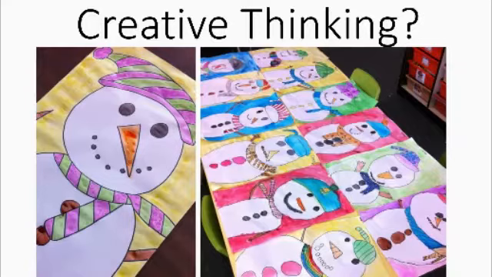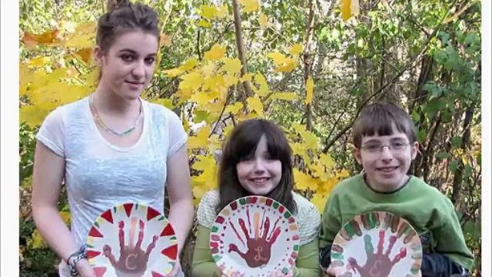So if you think of creative thinking on a continuum, this is not really very high, right? And this isn't high at all. We all did the same exact turkey on a plate, and we put our initial on it. It's not that there's not a place for this, but I'm here to tell you that if we're doing this in schools, it's not creativity.